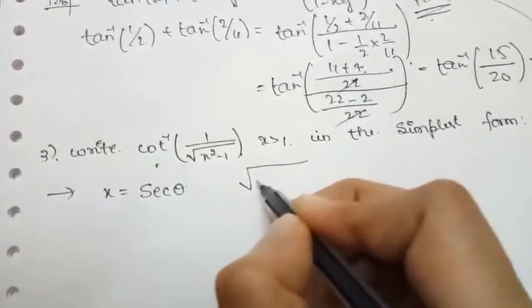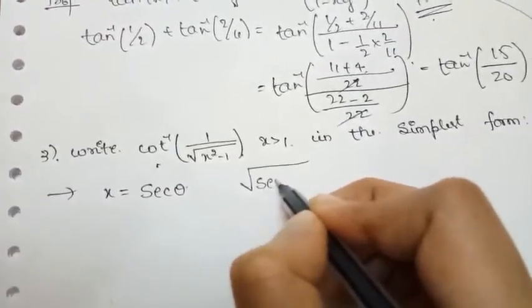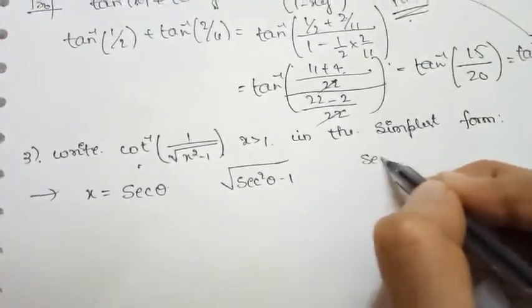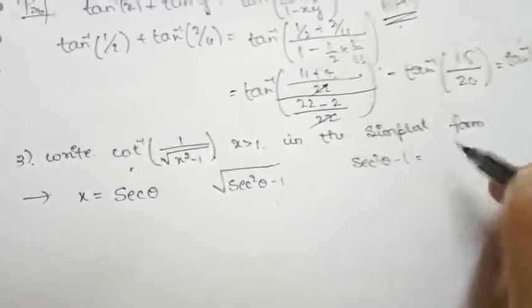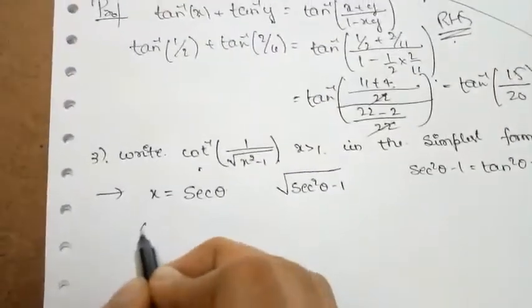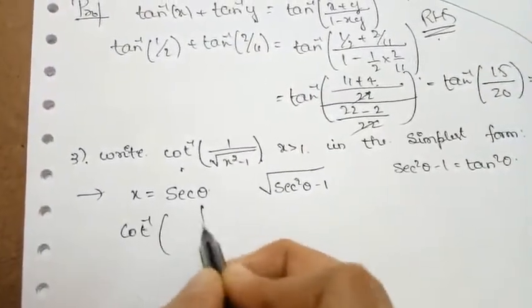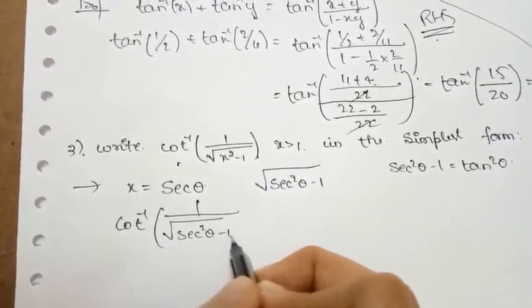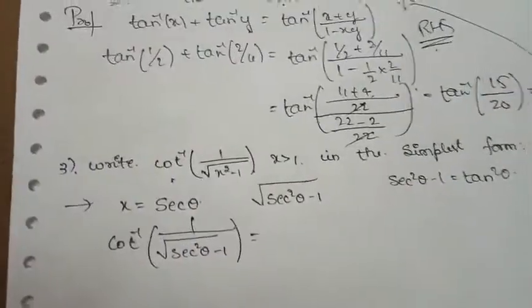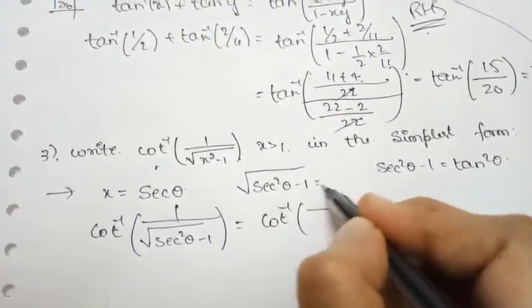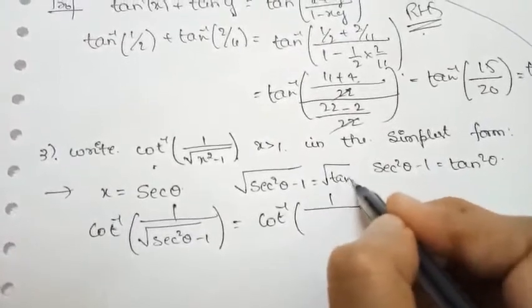What happens? That is square root of secant square theta minus 1. And we know that secant square theta minus 1 is equal to tan square theta. So now, cot inverse of 1 divided by square root of secant square theta minus 1 is nothing but cot inverse of 1 divided by square root of tan square theta.